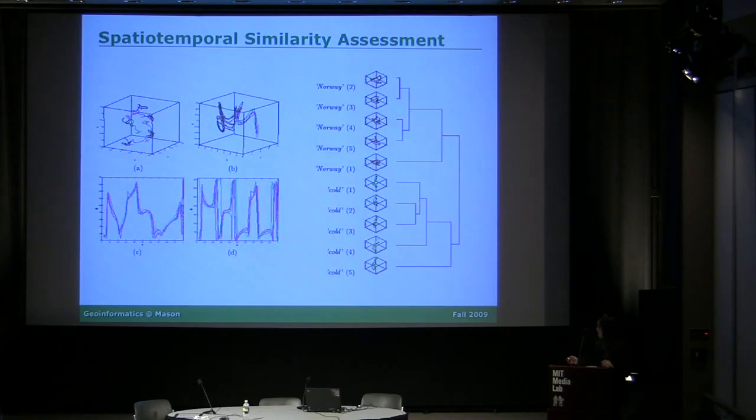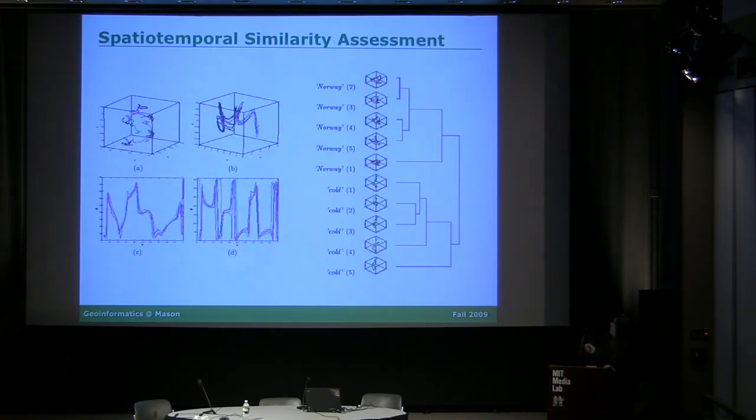Now, this is a data set that we used in the past. It is sign language. These are two words, and we plotted in space and time the movement of the hands of the person who was expressing these two words in sign language. You see in this particular case the word Norway and the word cold. We used the spatiotemporal helix to assess similarity between two or three or various people expressing the same words.